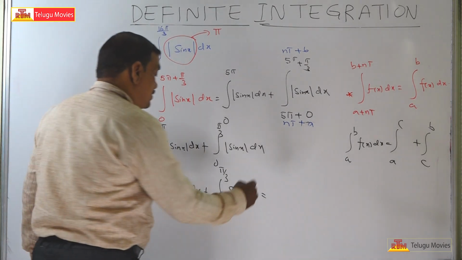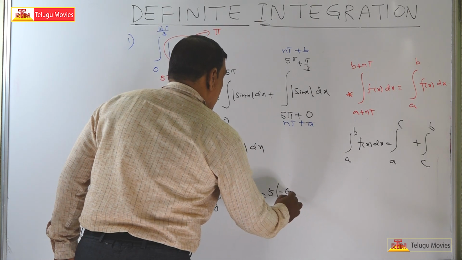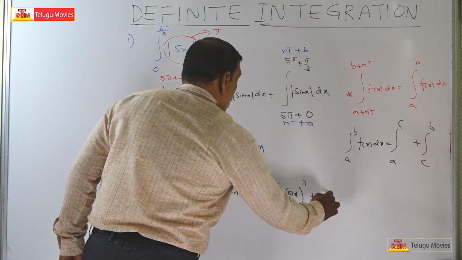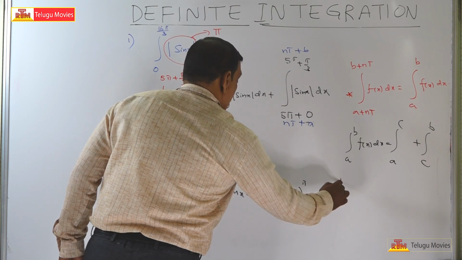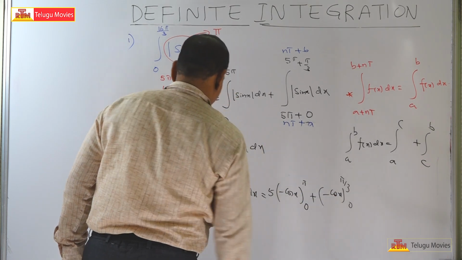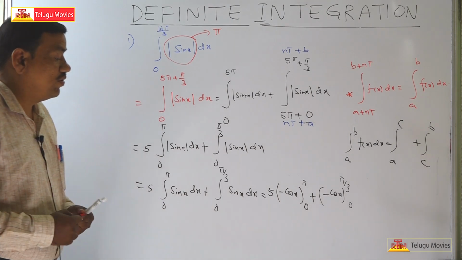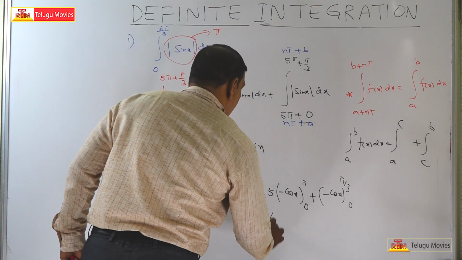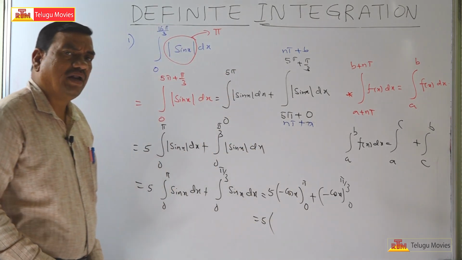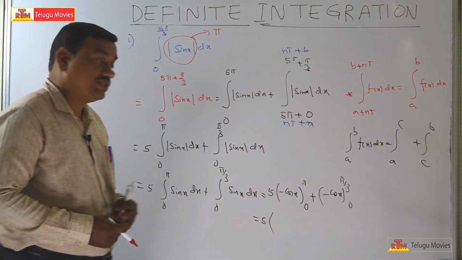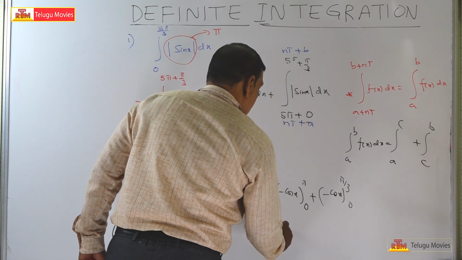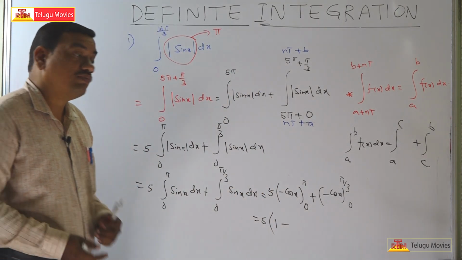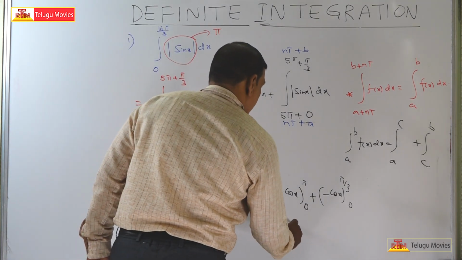Now take the calculation. So 5 into minus cos x upper limit lower limit plus minus cos x upper limit lower limit. Understand? So now get the calculation part. So this is equal to 5 into upper limit cos pi is minus 1, already minus is there, plus minus cos 0 is 1, that is minus 1, that means plus 1.